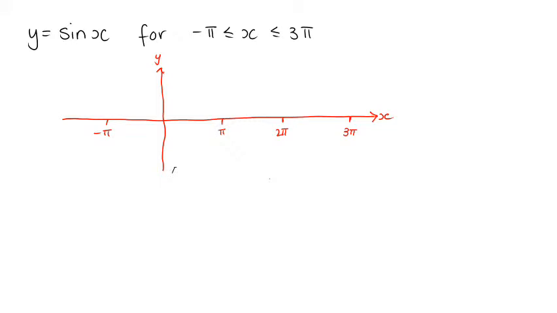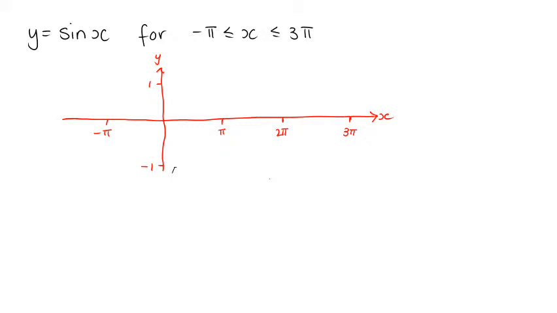Okay, so before we said that the maximum and minimum is 1 and -1, so that's on the y. And we said the period before, the interval between each repetition, is 2 pi.